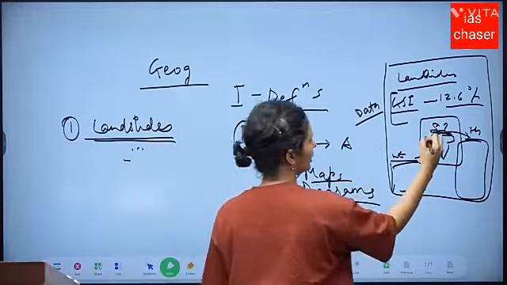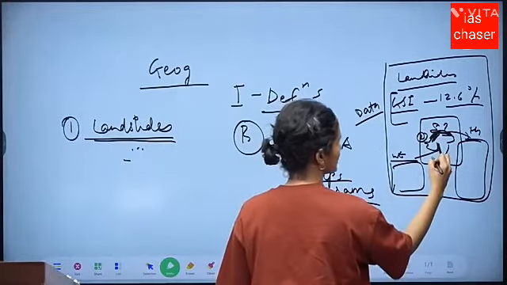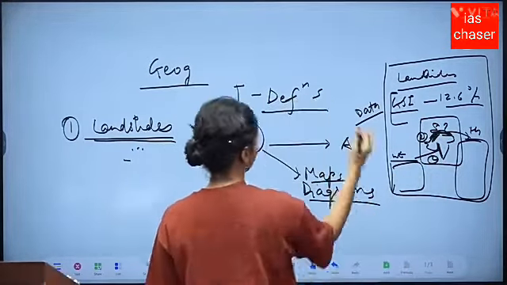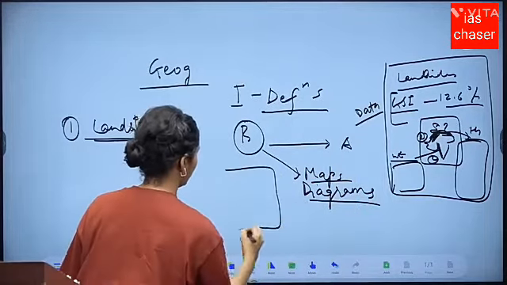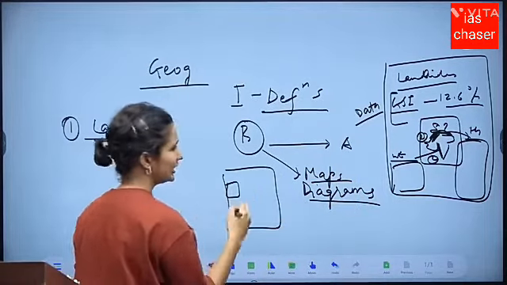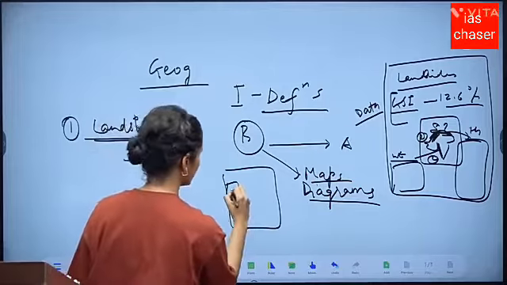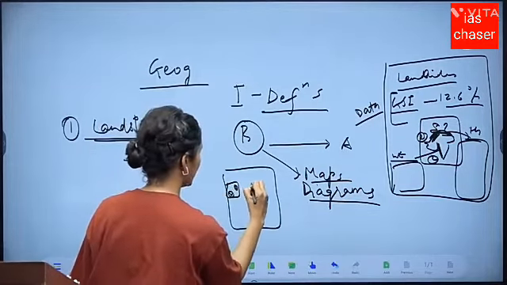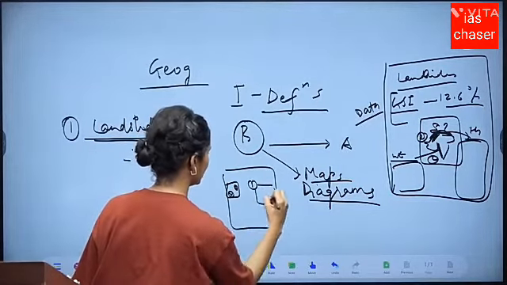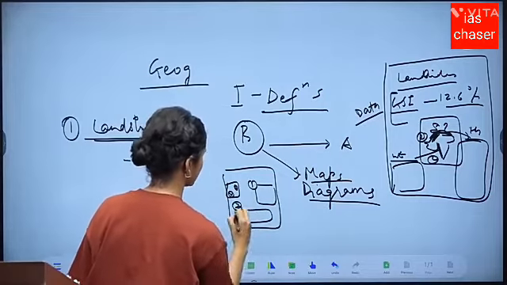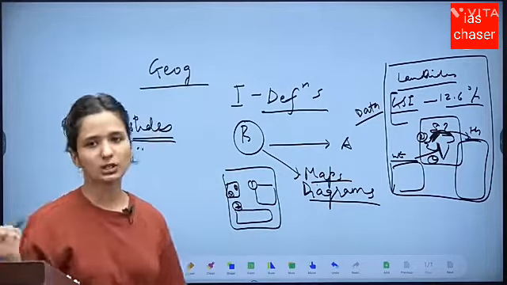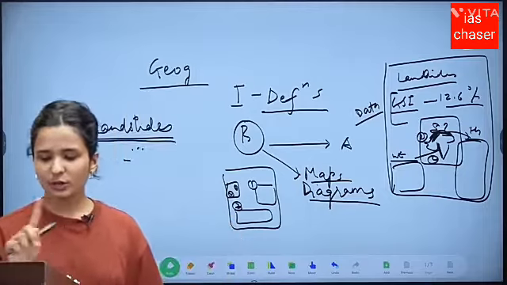Or sometimes you can just draw, say this is 1 and this is 2, and then you can write it later. So if you make a small map on the side and you think you can't write around it, just mark 1, mark 2, and then write the reasons for 1 under 1 and the reasons for 2 under 2 here. So this is something that you can do in terms of structuring as well.